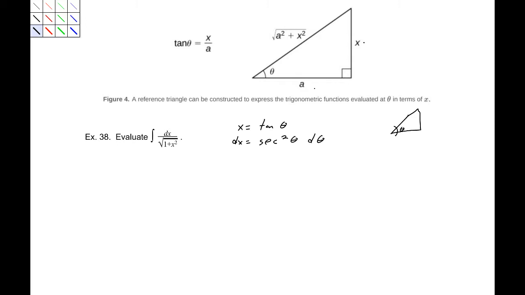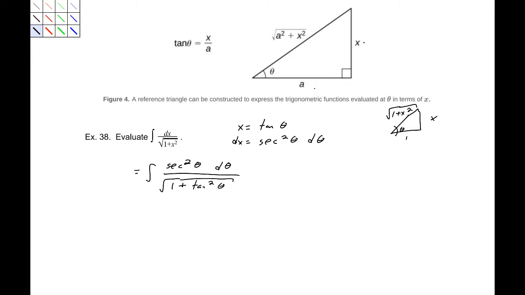So over on our triangle, that is x, so opposite is x, and our adjacent is 1, and the square root here is 1 plus x squared. Okay. Let's go ahead and take that as dx. Dx is going to be d theta, so we'll have a secant squared theta d theta over the square root of 1 plus tangent squared theta.